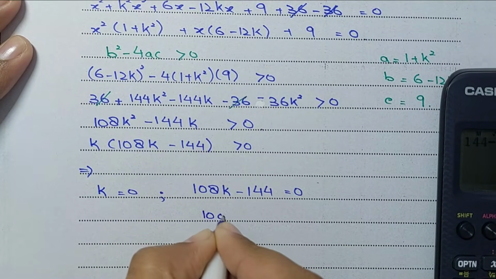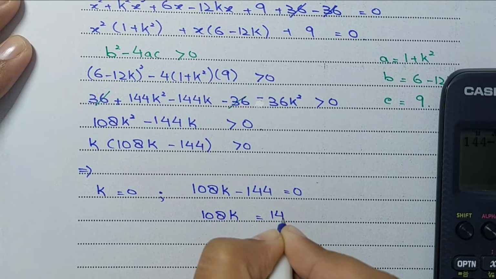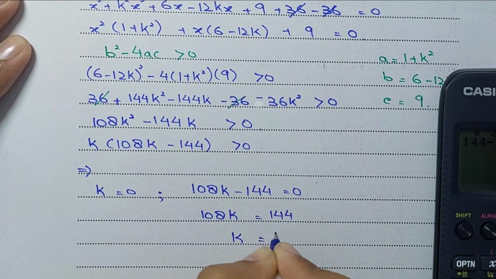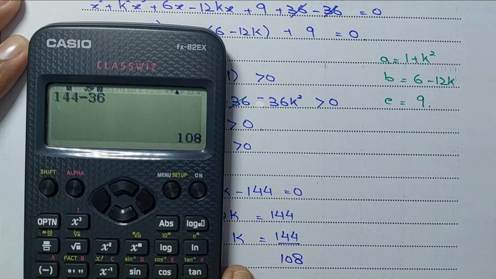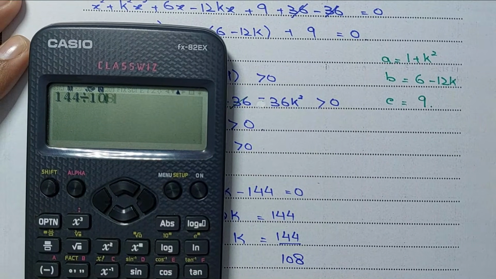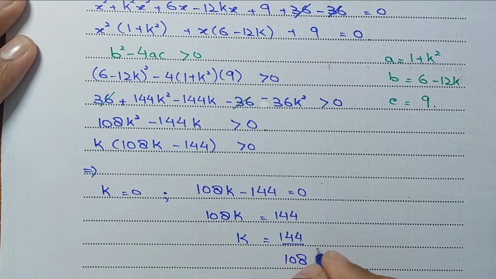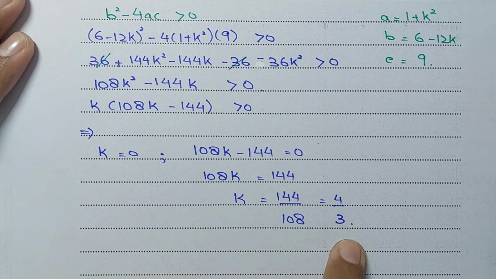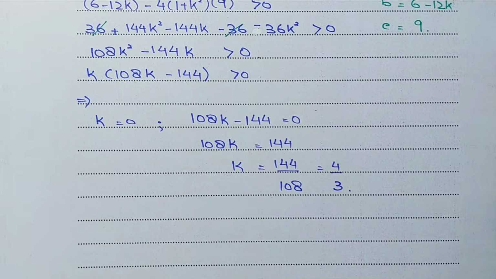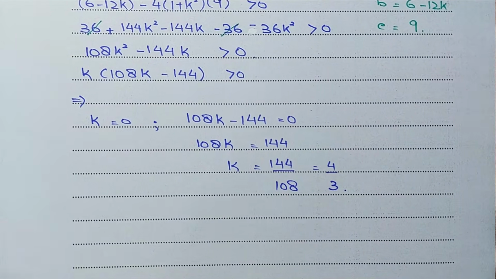So 108k equals 144 and k would be equal to 144 divided by 108. 144 divided by 108 is 4/3. So the k value is 4/3. So these are the two k solutions: k is 0 or k is 4/3. Okay. We need to find the set of values of k, right?